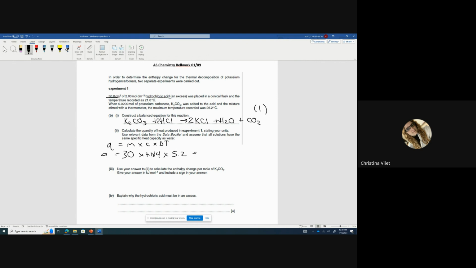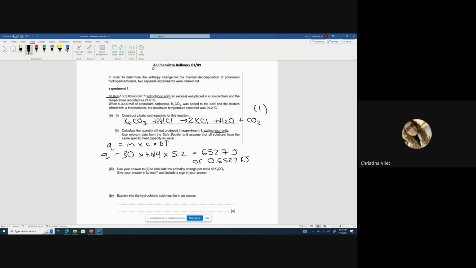When you work this out, you would have gotten, I'm just going to write what I got, 652.7 joules, or 0.6527 kilojoules, or any other unit you want, as long as you stated your units, because that's what it says. So if you want to do calories here, feel free.